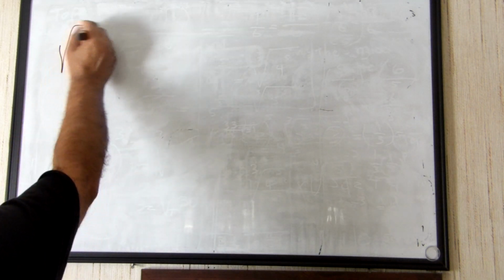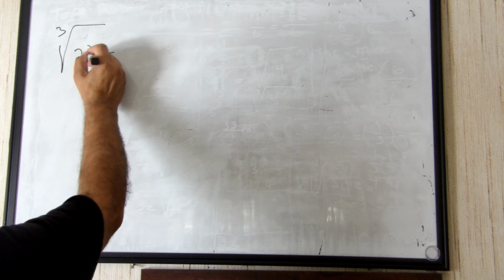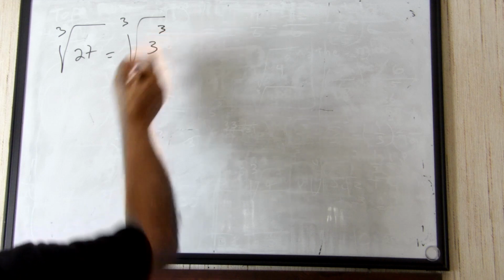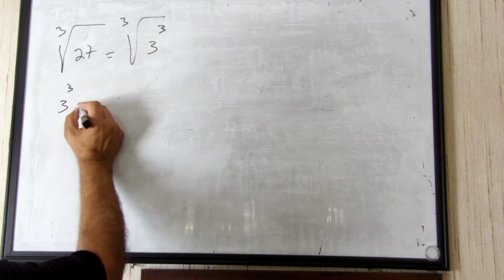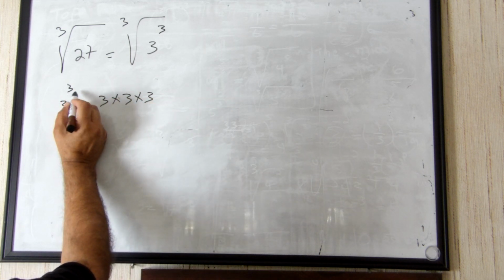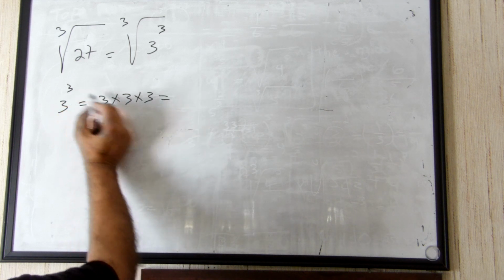There is another thing in radicals: if you have 27 here, 27 here, we can write it as 3 to the power of 3, which is going to be 27. Remember that 3 to the power of 3 is 3 times 3 times 3. We multiply by the number of the exponent. There are 3 of them.